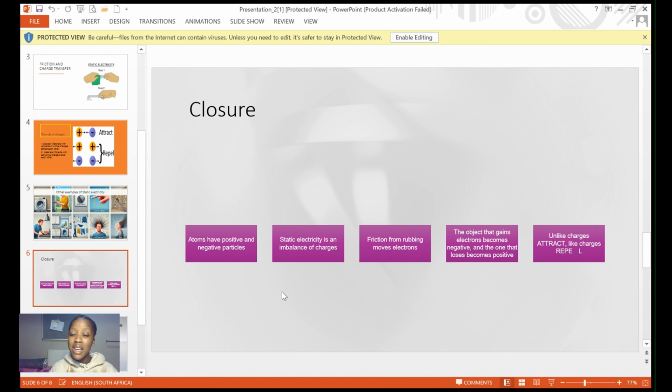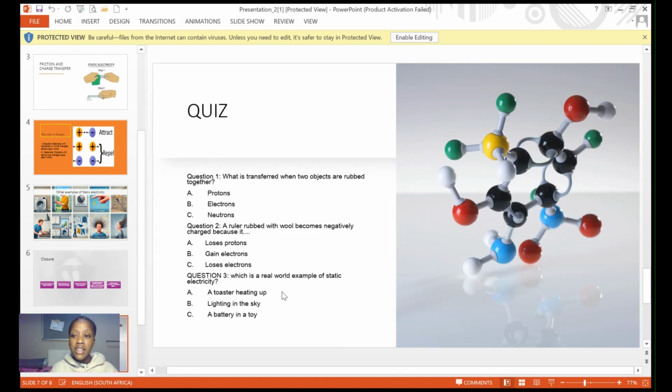And remember that example we used, the ruler and the cloth. The cloth lost electrons, which became positively charged, while our ruler gained the electrons and became negatively charged, right? And again, let's not forget the rules of charges, where unlike charges attract each other, and like charges repel each other.